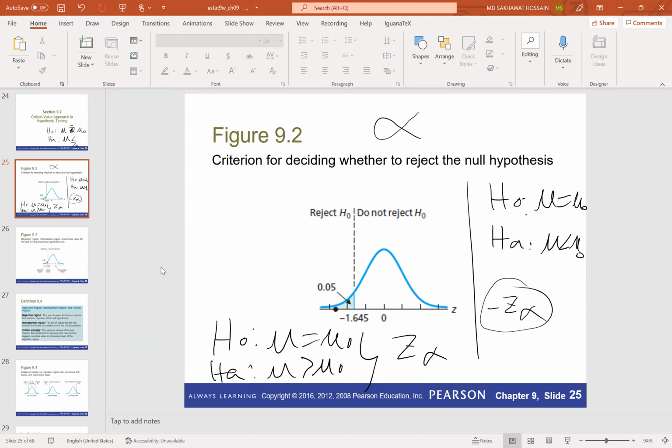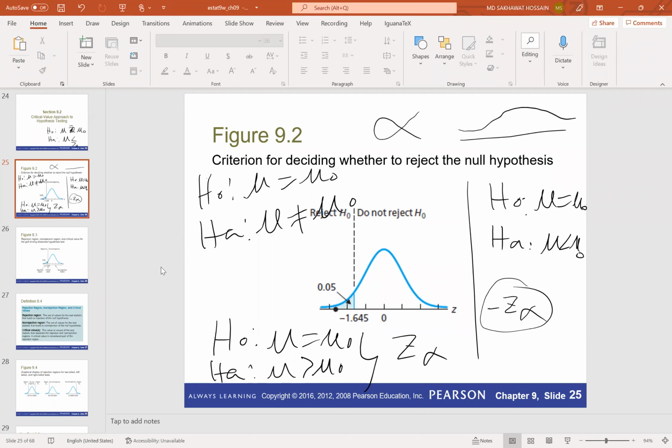And for a two tail test or both tail test, mu is equal to mu 0, and the alternative is mu not equal to mu 0. For this one, we'll actually have two critical values, because we'll have two rejection regions. One will be on the left and the other on the right.